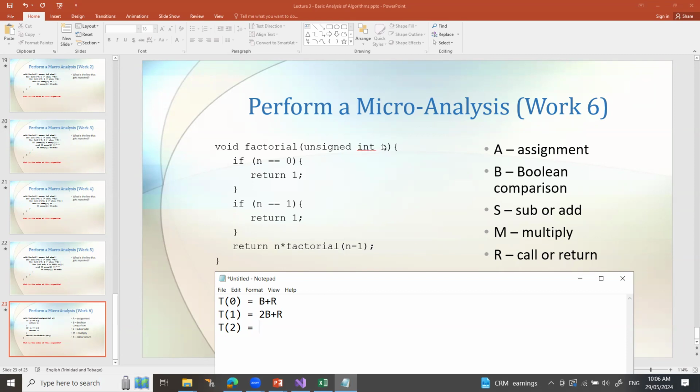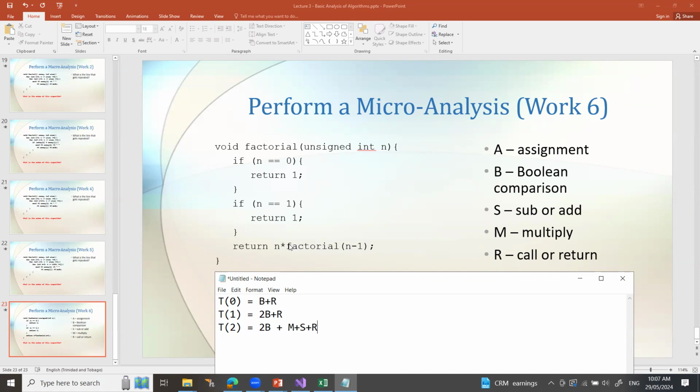When n is 2, we will do what? 2b, check, 2b plus this times that, so that's a multiply, m, plus you'd have this subtraction here, n minus 1, s, plus the call and return.